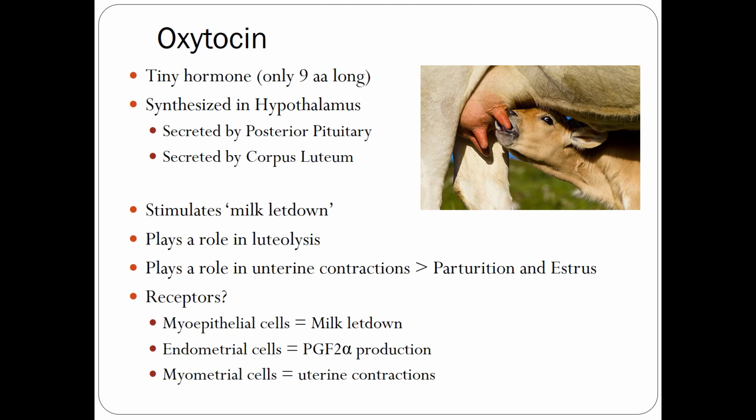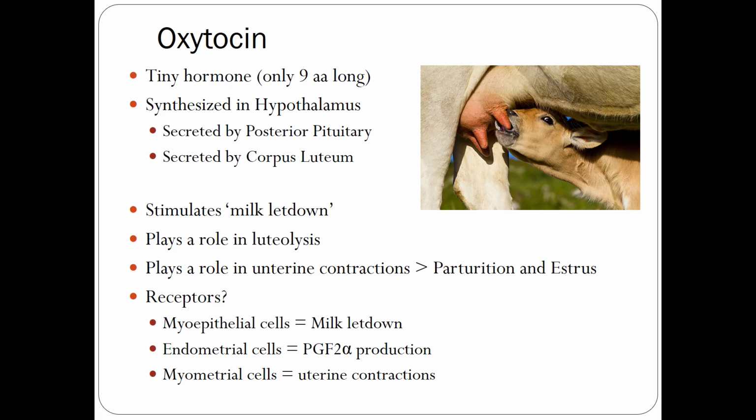Oxytocin has a lot of different functions. One of the main ones is that it is the hormone for milk letdown. Oxytocin can also play a role in luteolysis, the lysing of the CL. It also plays a role in uterine contractions, which are important for parturition and estrus.